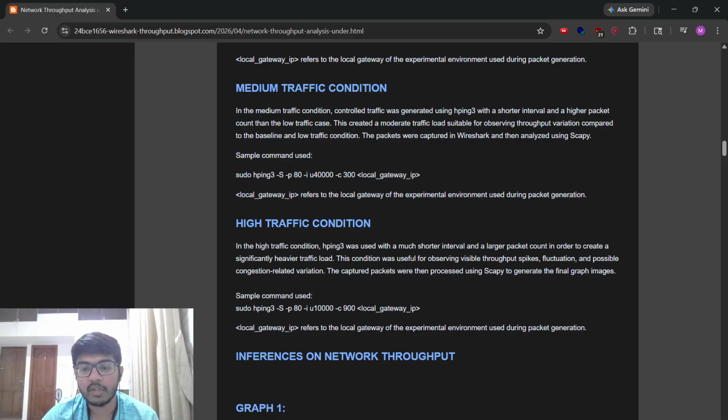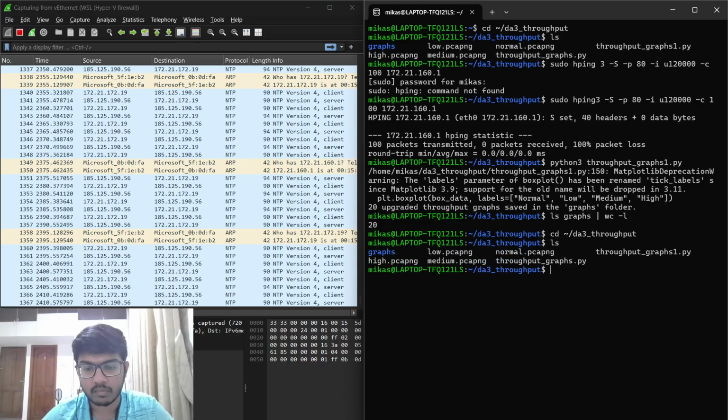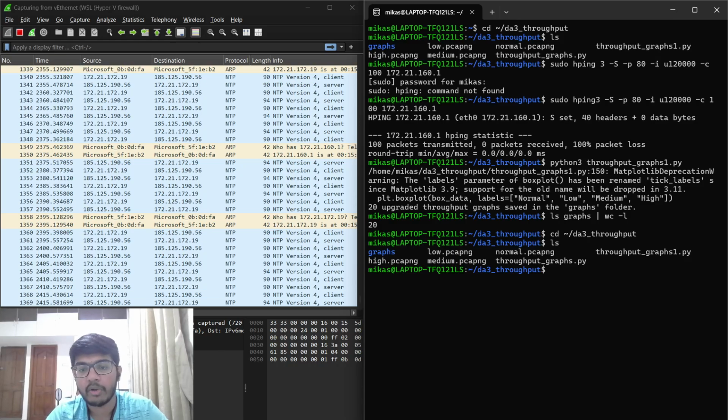I will now briefly show the working environment and the command used for packet generation and graph generation. Here I am showing the working directory that contains the saved packet capture files, the Python script, and the generated graphs folder.